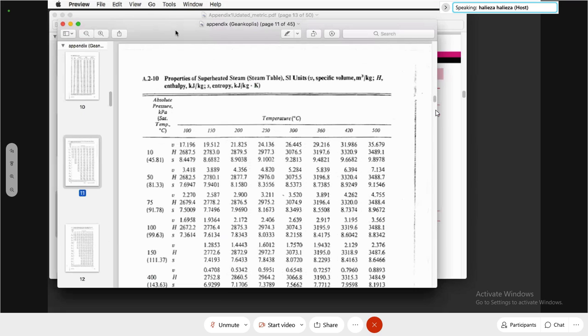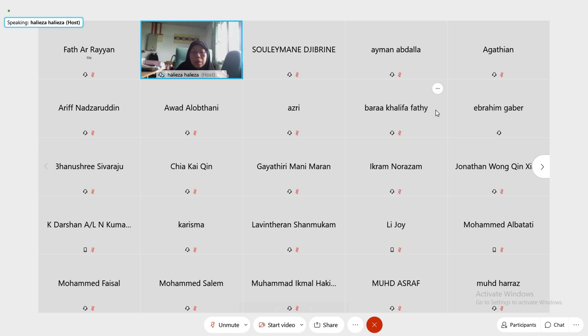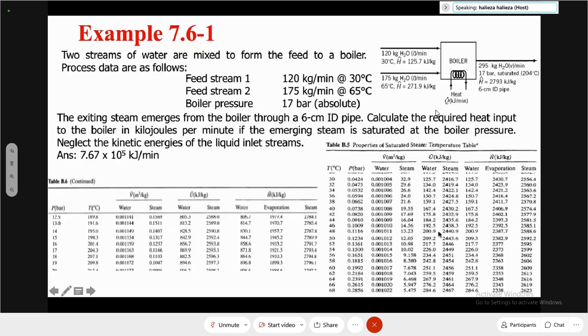Let's look at a different table. I have the table in my PowerPoint. Can you see 17 bar? Yes, that's there. It is 871.8.